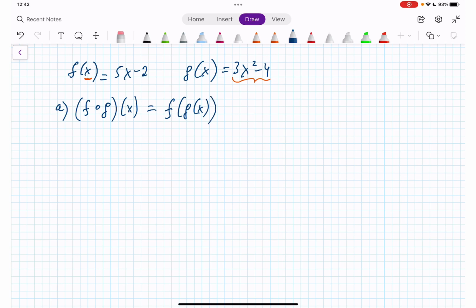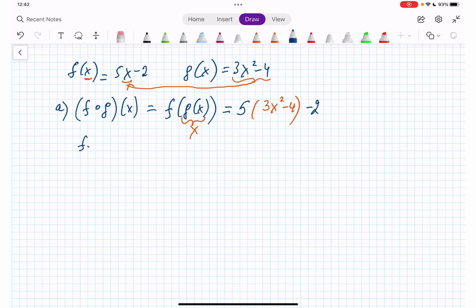So let me explain. That means my f of x is 5x minus 2, right? 5, and instead of x, because this piece is x, I'm going to plug g of x, which is going to be 5 times, instead of this x, I'm going to plug this 3x squared minus 4, and minus 2.